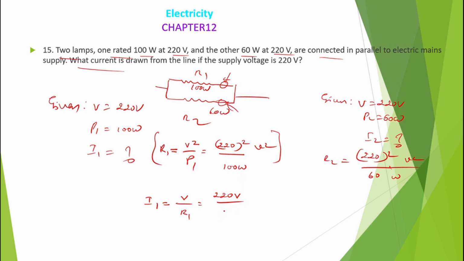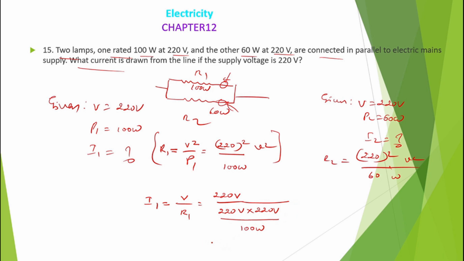You can write this as 220 volt into 220 volt divided by 100 watt.